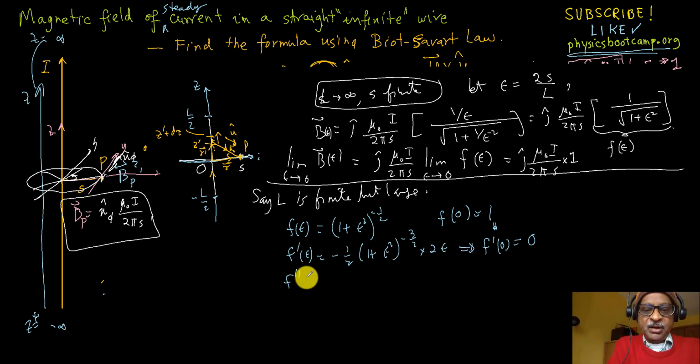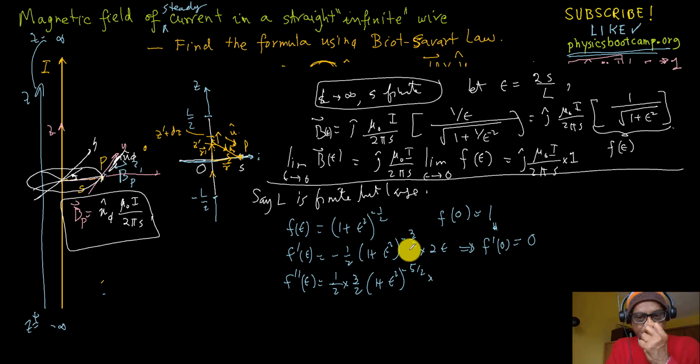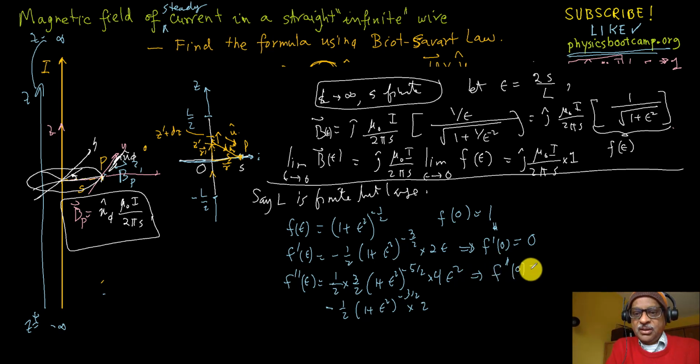How about f double prime of epsilon? So 1 half, 3 half, 1 plus epsilon square to the minus 5 half times 4 epsilon square, minus half times 1 plus epsilon square to the minus 3 half times 2. Now this means f double prime of 0 is equal to, not 0. Yes, this part is 0 and this part is going to be minus 1.